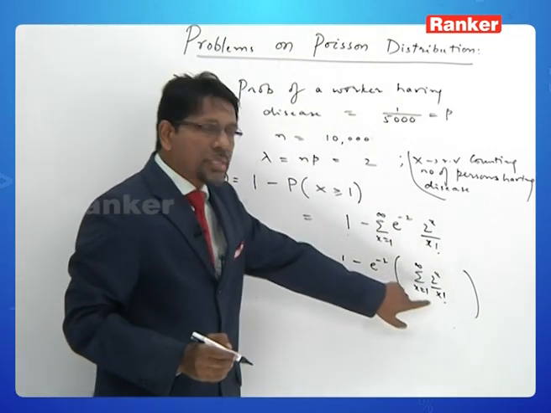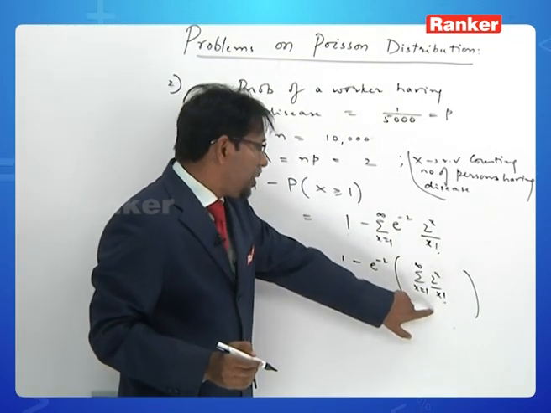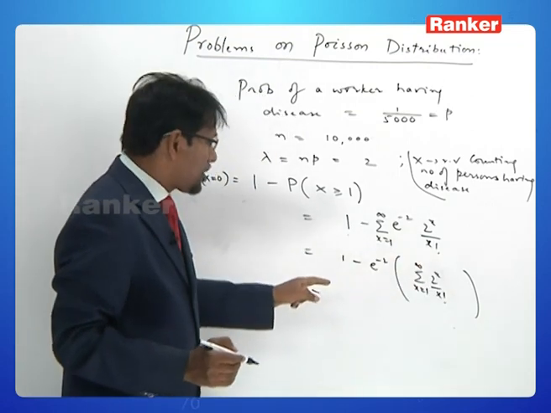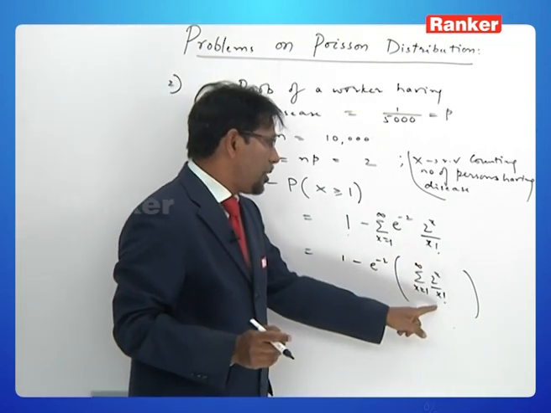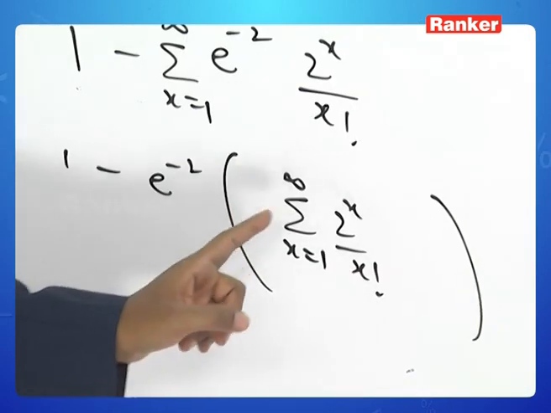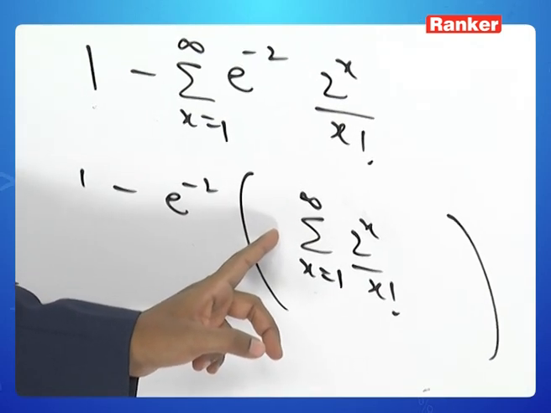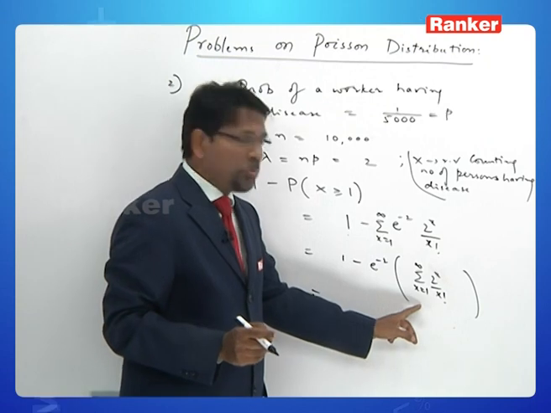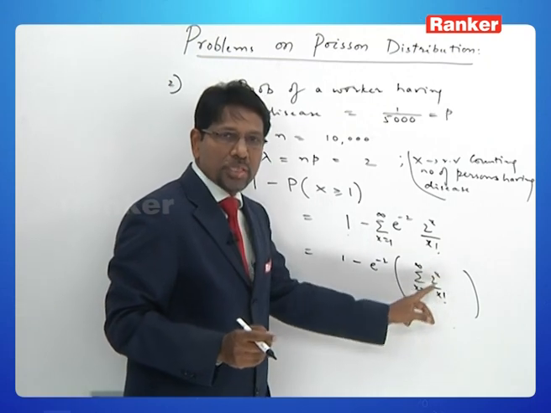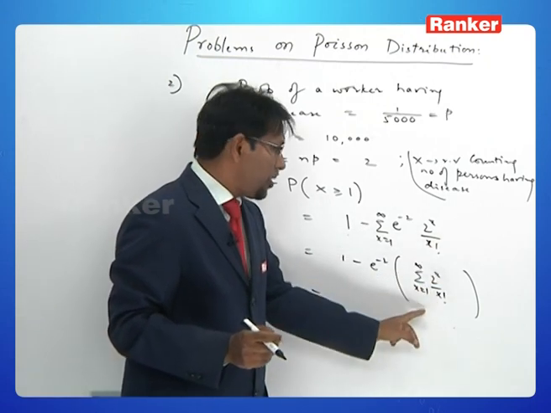And we know that the summation inside the bracket is close to e square, but one term is missing, because had it been sigma 2 power x by x factorial, x ranging from 0 to infinity, it would have been e square.